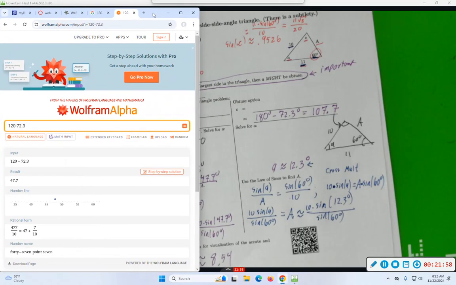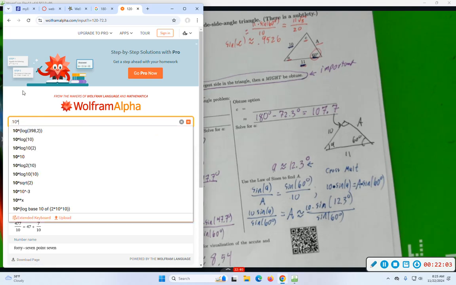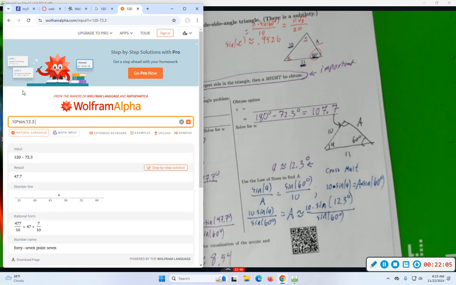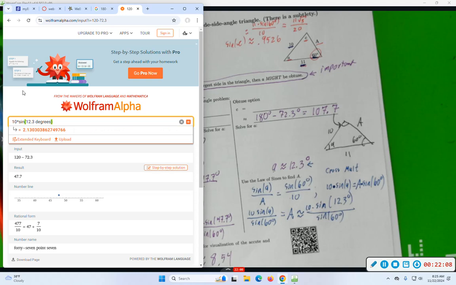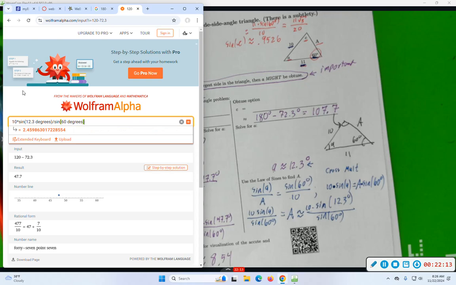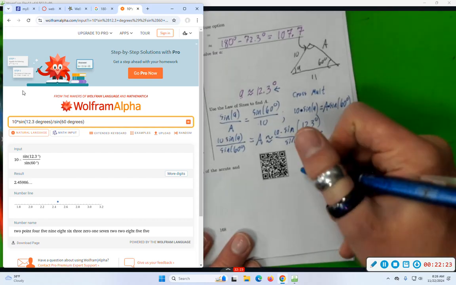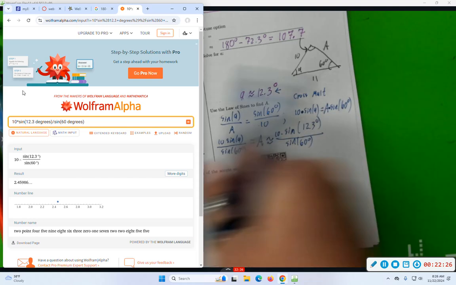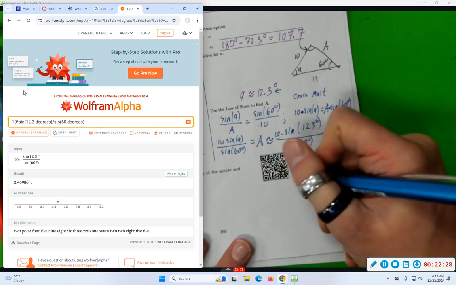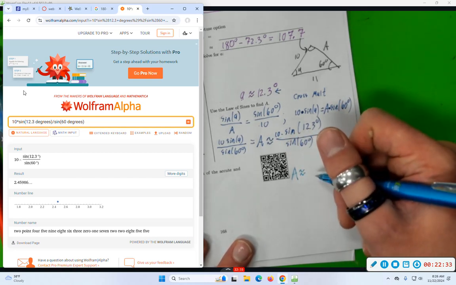Pull that up, put it to the side where it's not covering up the thing I need to see. 10 multiplied by sine of 12.3 degrees divided by sine of 60 degrees. That agree with people's calculator results? Nice. So the side length A is about 2.46, I guess that rounds up.